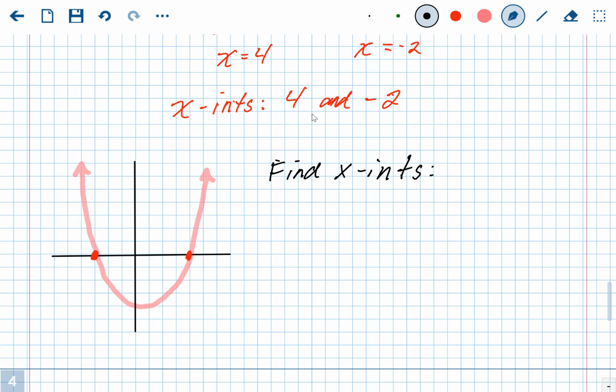Okay. And this one crosses over here at -3 and over here at +4. So your x-intercepts are -3 and +4. Okay. So there's something like that in the homework, so I figured I'd go over it just in case.